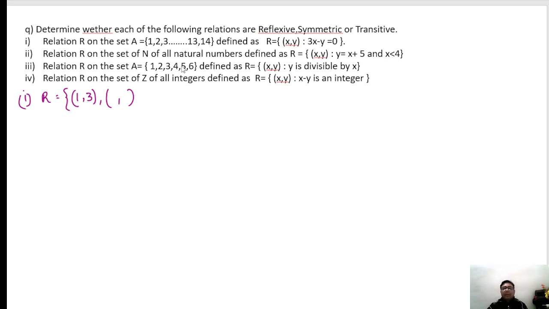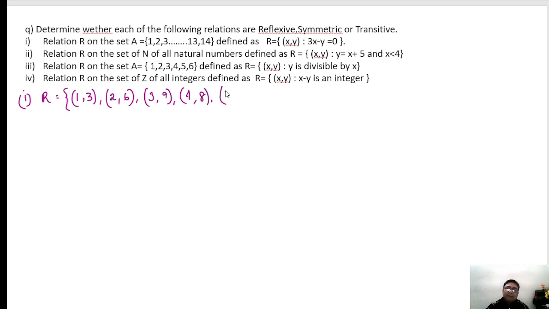If I choose x as 2 and y as 6, I can get 0. If I choose x as 3 and y as 9, I will get 0. If I choose x as 4 and y as 12, I will get 0.